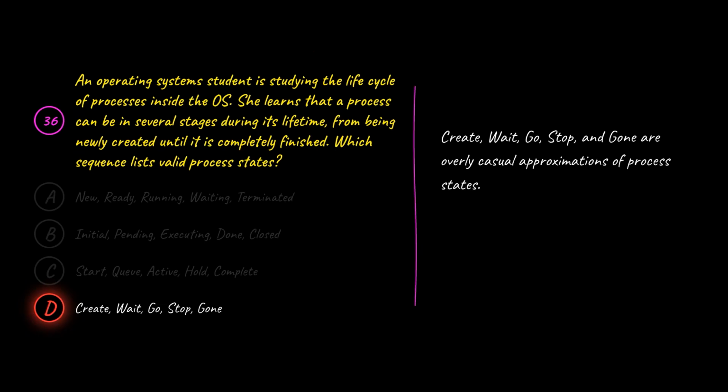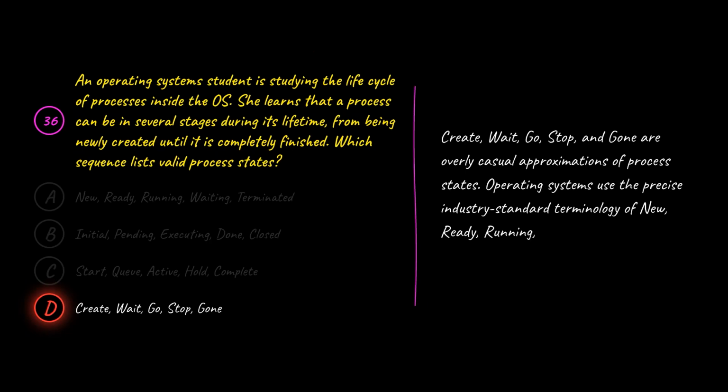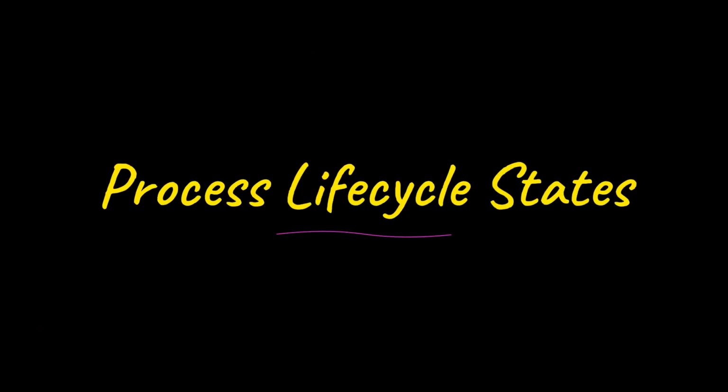Operating systems use the precise industry standard terminology of new, ready, running, waiting, and terminated for process lifecycle classification and tracking. Every process passes through a defined set of states as the operating system manages it from creation to completion.